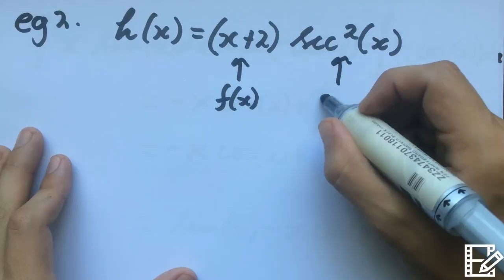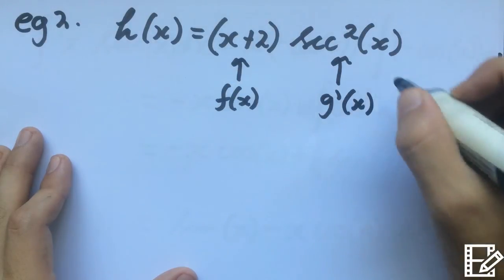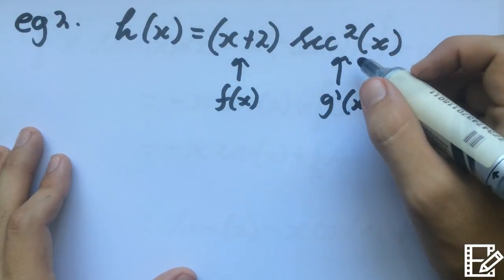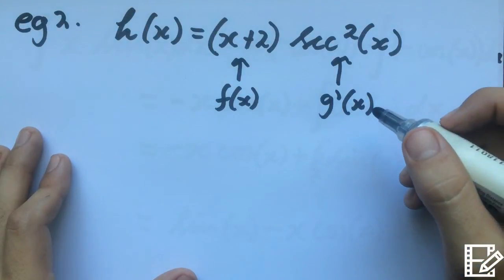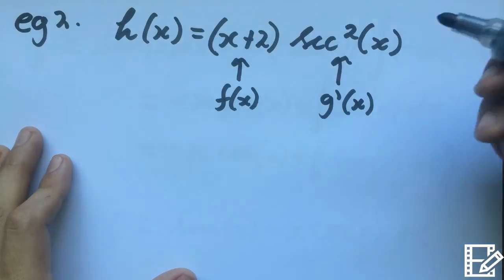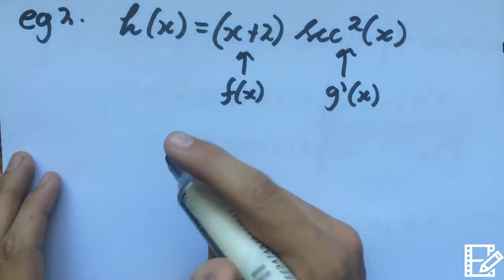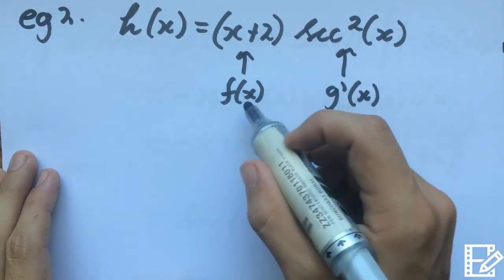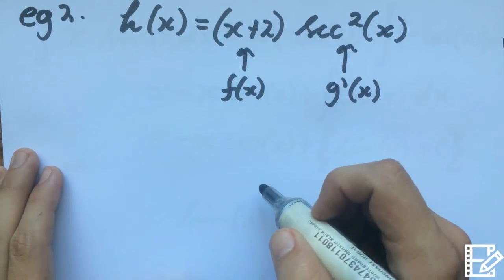And this one I will choose to be g dash of x because we know that it's not going to derive to 1 or simplify. We're just going to get another trigonometric function out of it. So it doesn't matter if we put it over here because we're going to integrate it anyway. So we've selected what f(x) is and what g dash of x is.